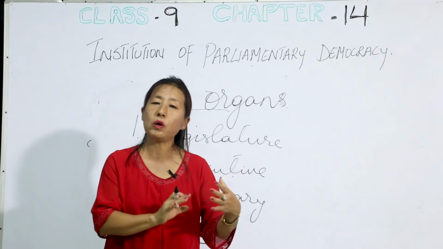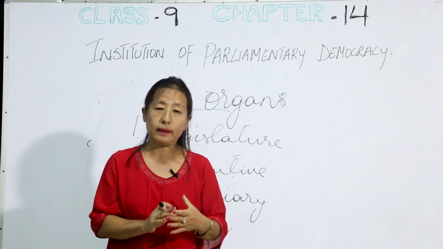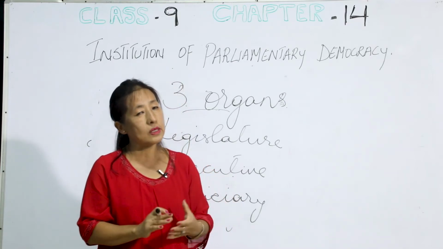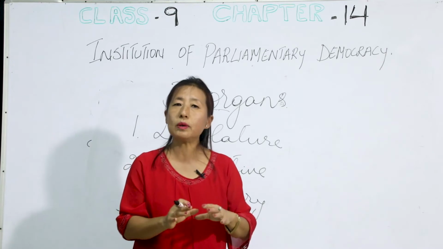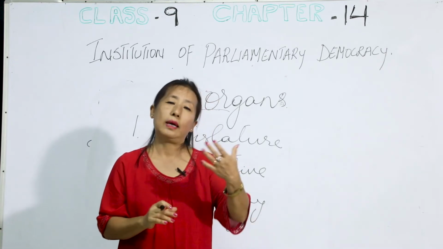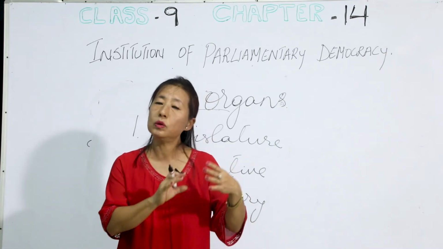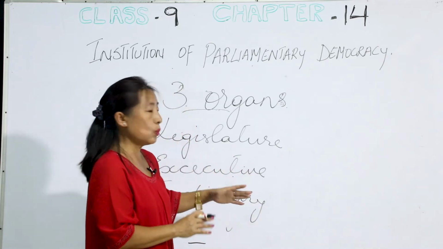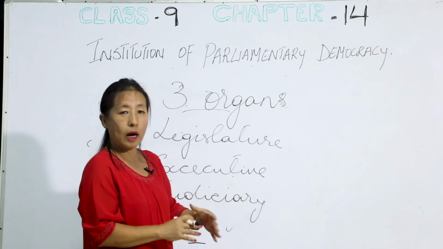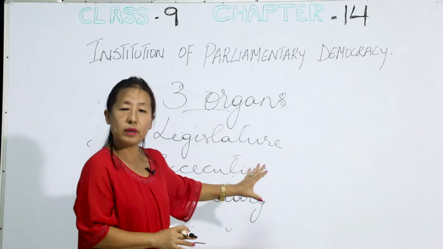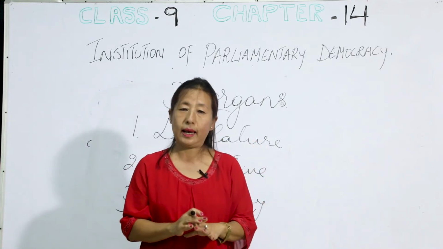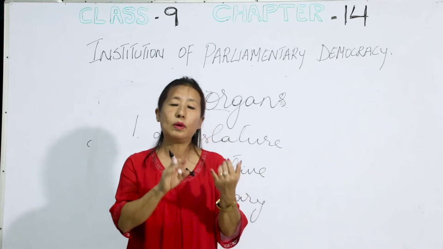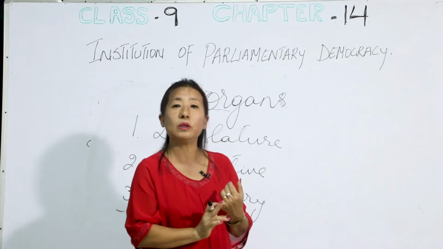The reason he suggested that was to make sure that everyone is able to get equality, and that there is no partiality. So that is the reason why nowadays these three organs are independent.